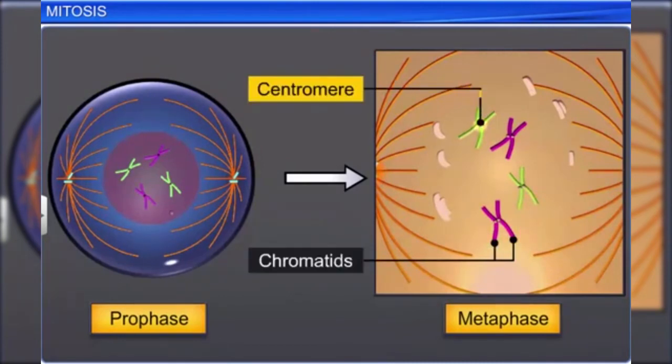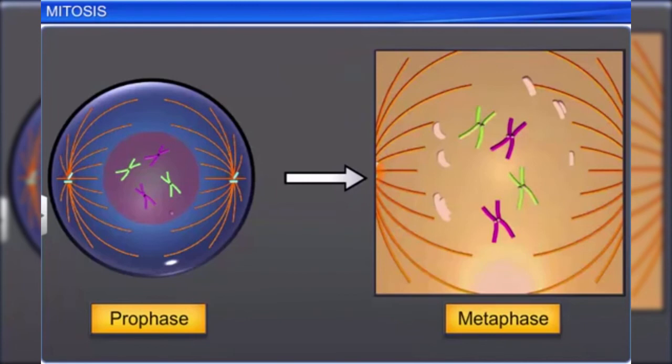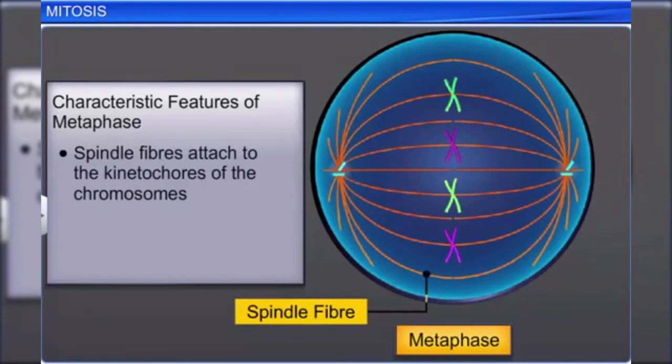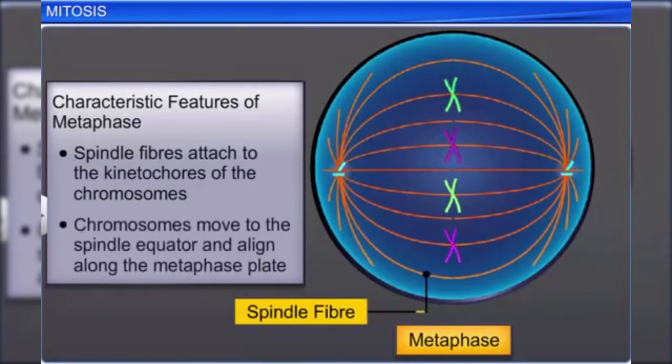Each centromere has a small disc-shaped structure on its surface called the kinetochore. Spindle fibers attach to the kinetochores of the chromosomes, and the chromosomes move towards the spindle equator. The plane of alignment of the chromosomes during this phase is known as the metaphase plate.